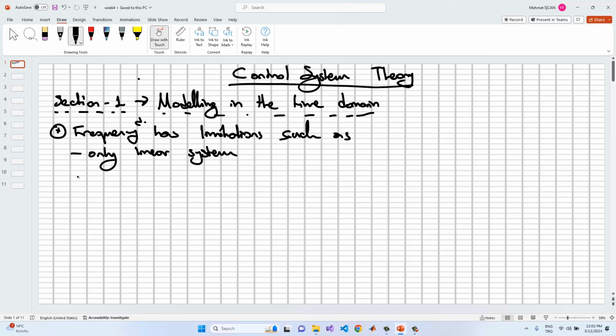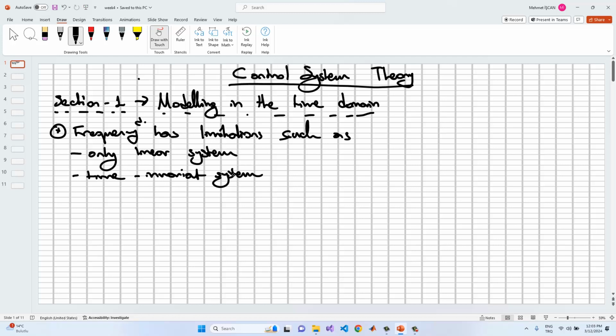Also, we cannot deal with time-variant systems. Time invariant means that the system does not depend on time, and the frequency domain applies to time-invariant systems.